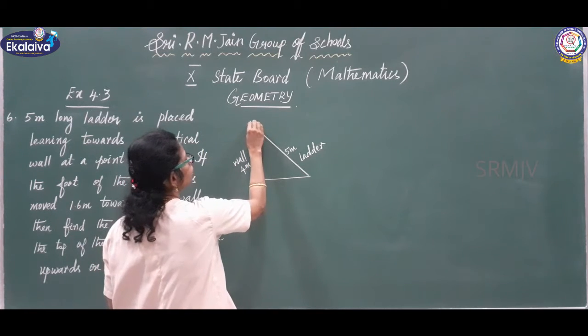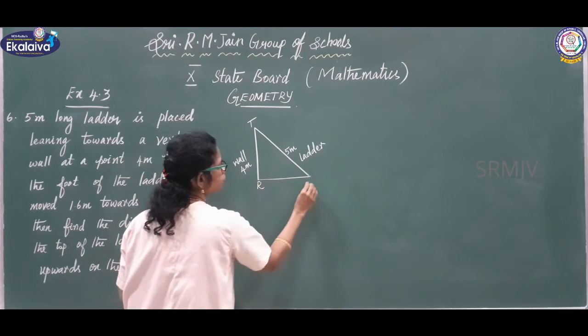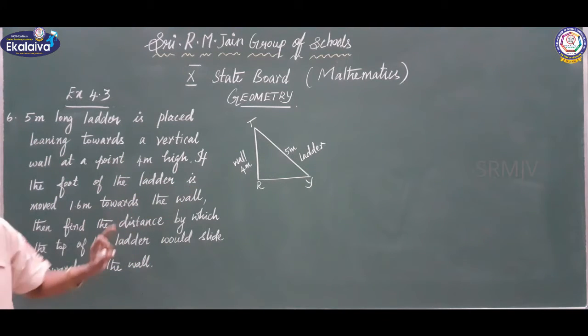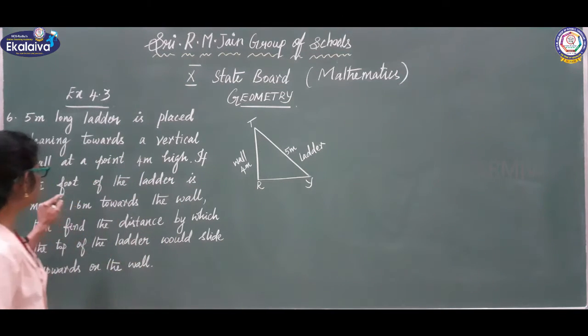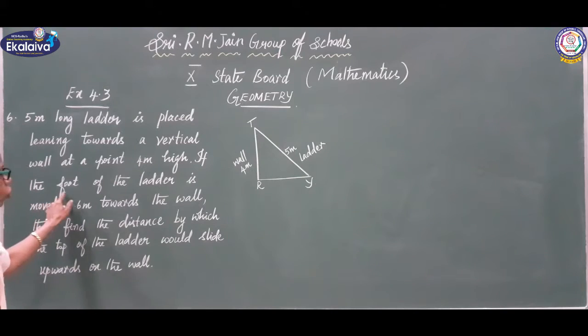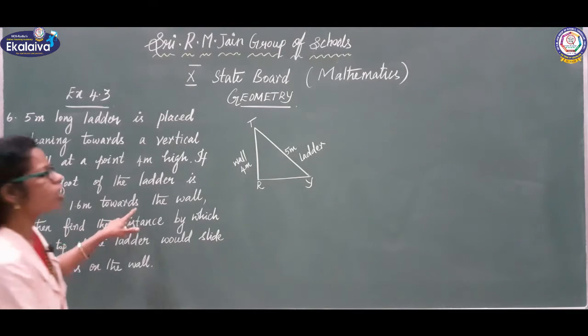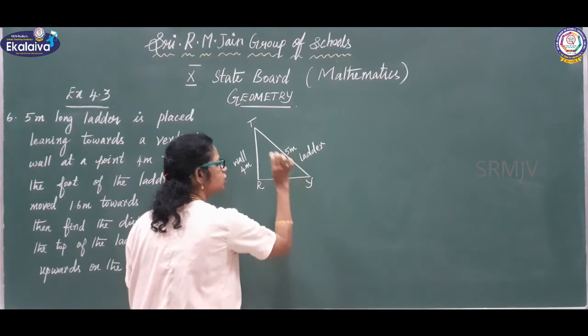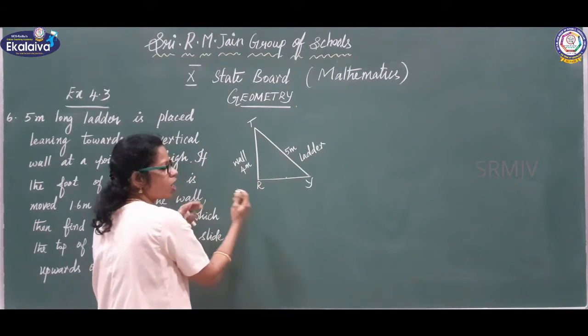Now you see it is a right triangle. Now what is given in the question, you see, if the foot of the ladder is moved 1.6 meter towards the wall, that means the point moves towards this side, towards the wall.